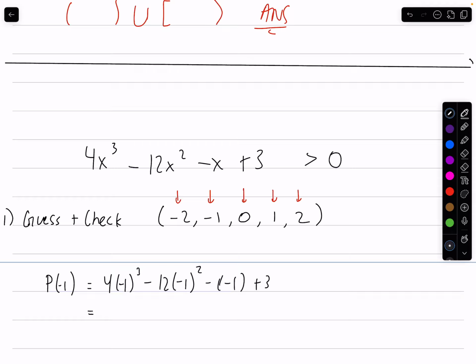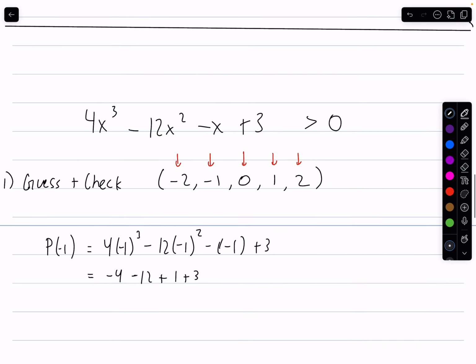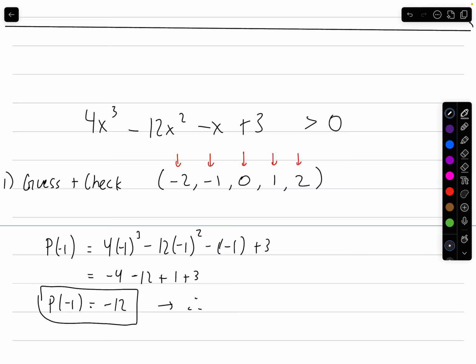If I plug these in, I'll actually get negative 4 minus 12 plus 1 plus 3. What I end up getting is negative 4 minus 12, which is negative 16, plus 1 is negative 15, plus another 3 is negative 12. As you can see, when I plug in negative 1, I get negative 12. What does that tell us? Therefore, x plus 1 is not a factor.